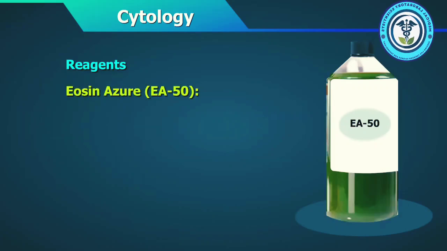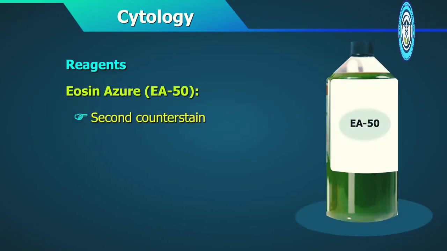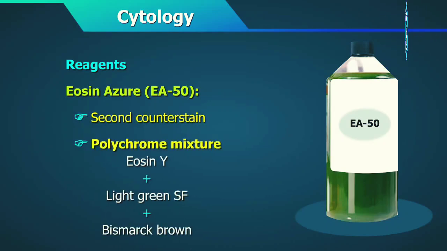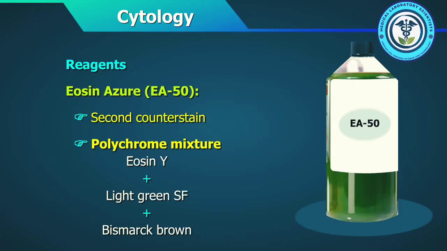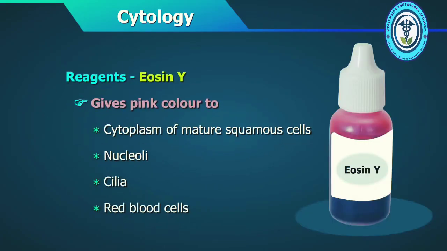Eosin azure or EA50. This is the second counterstain, which is a polychrome mixture of eosin Y, light green SF, and Bismarck brown. Eosin Y gives a pink color to cytoplasm of mature squamous cells, nucleoli, cilia, and red blood cells.